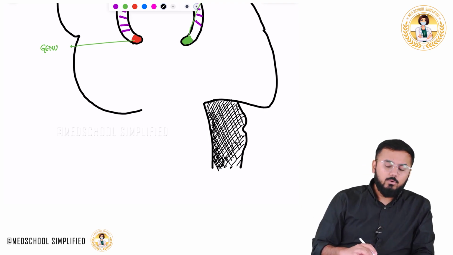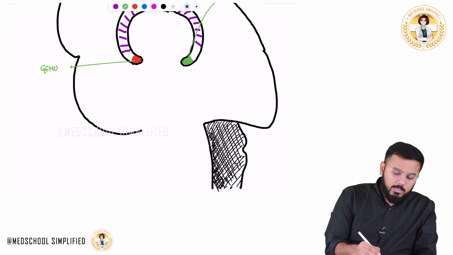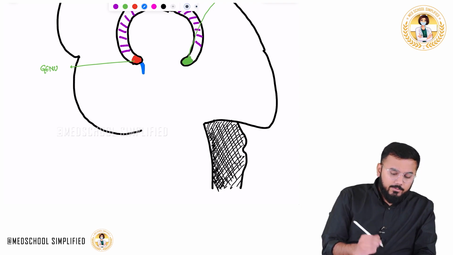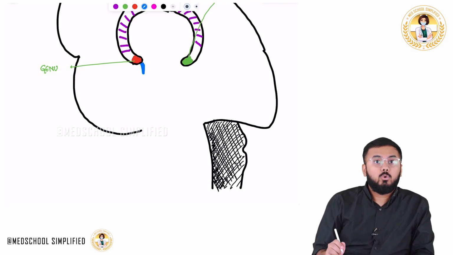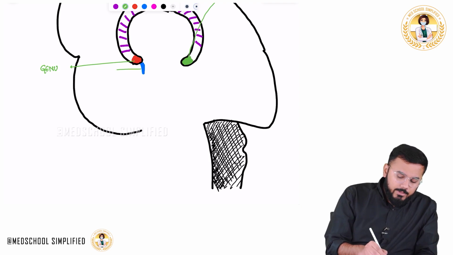But for now, just beneath the genu you have a very important structure marked with the blue color. This structure is called the rostrum.